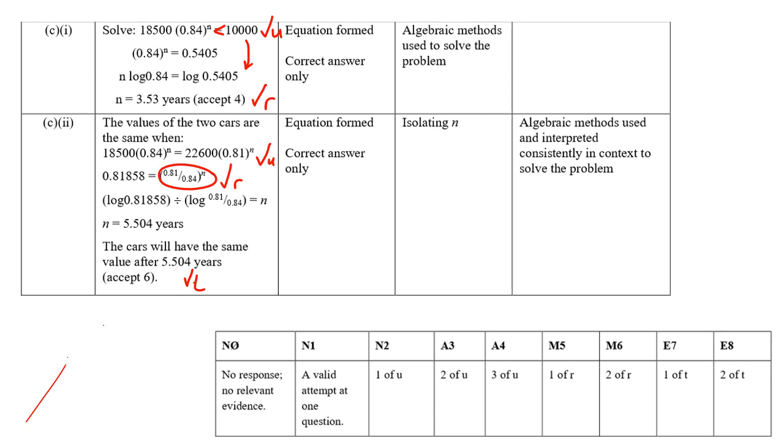That's what I was trying to say. They've done 18,500 divided by that, so that's where I was saying it is 0.81. They did it the other way. Any problems with that? Yep.